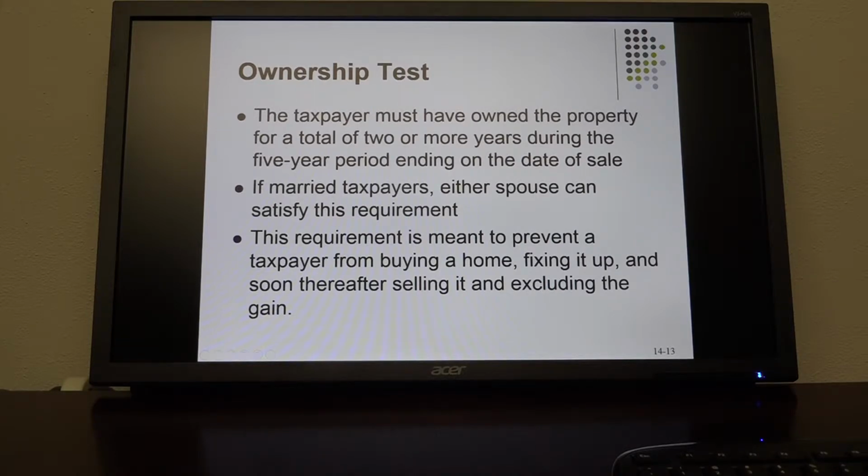The ownership test just says that the taxpayer must have owned the property for a total of 2 or more years during the 5-year period ending on the date of sale.